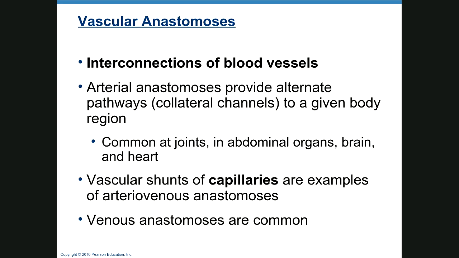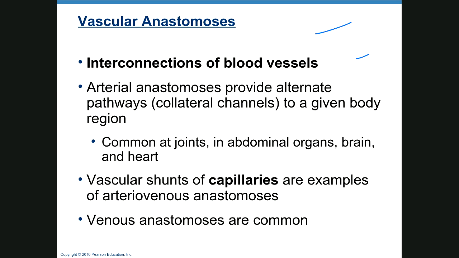Now, this is a little diversion from the original context, but an anastomosis is an interconnection between blood vessels. It reminds me of Spaghetti Junction in Atlanta. Instead of just going straight through 75, there's all kinds of different ways you can go. And so blood from one part of the body can go in many different directions.